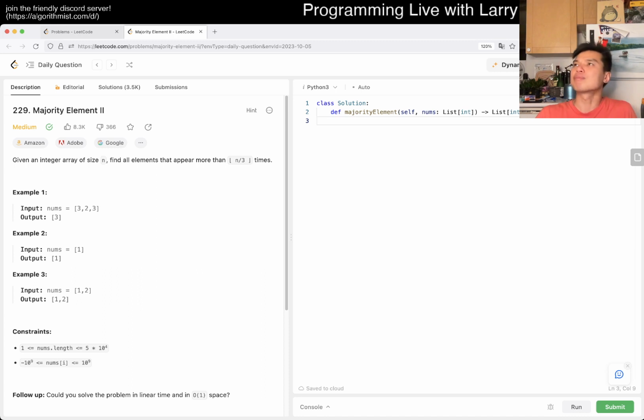But the question now is, is there an idea that does that here, right? So how do I check whether one number appears 1/3 of the time or more?